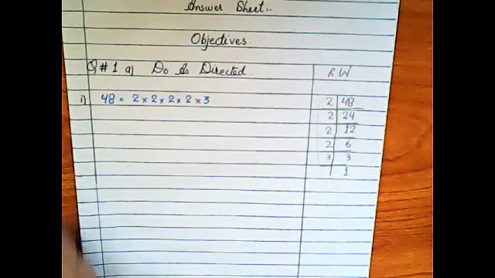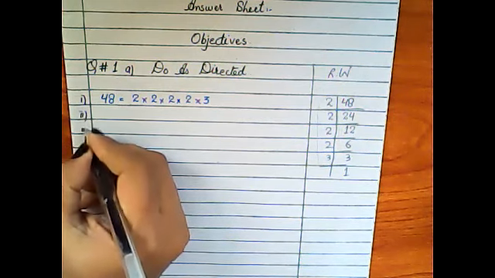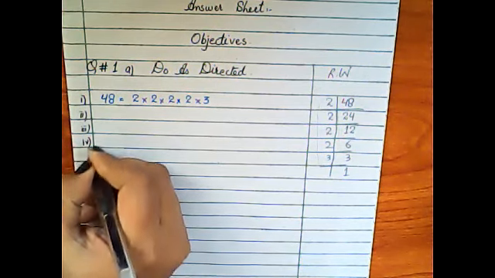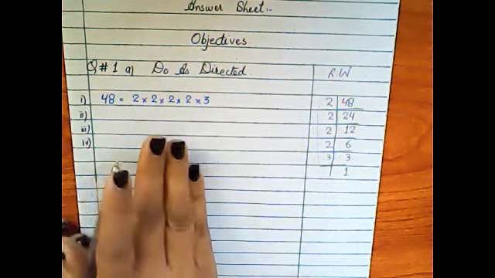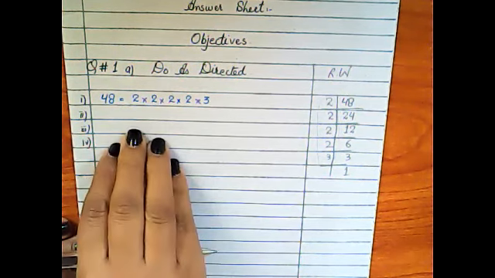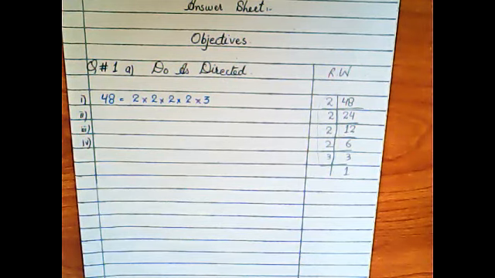Similarly, you will write down the direct answer of all the do as directed here. I'm repeating again, write down the direct answer here. Just suppose you have to convert an improper fraction into a mixed fraction.